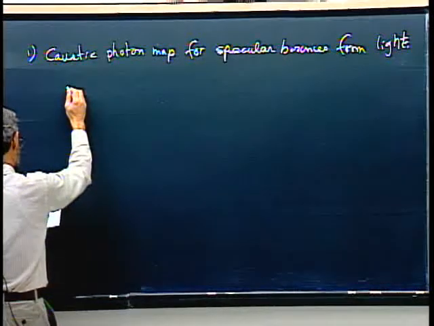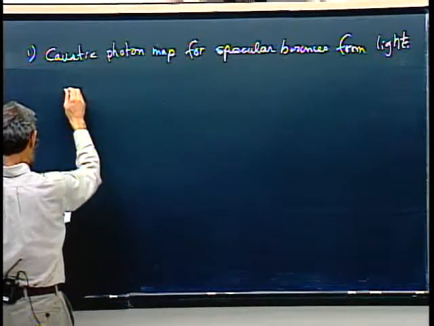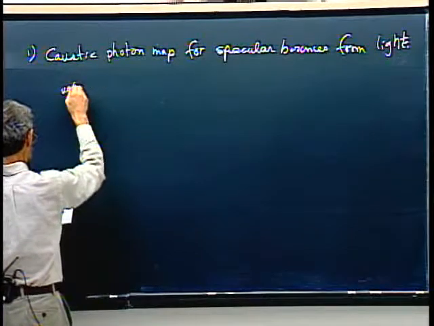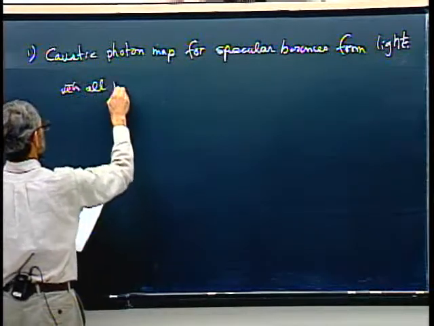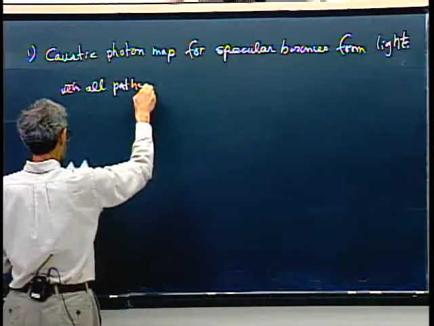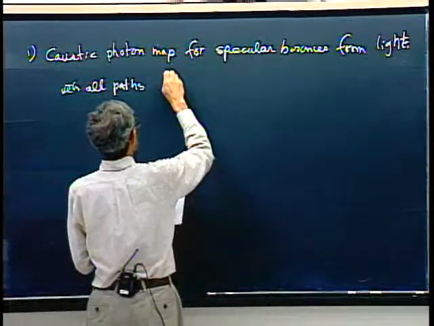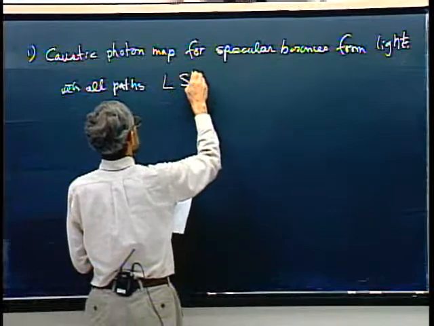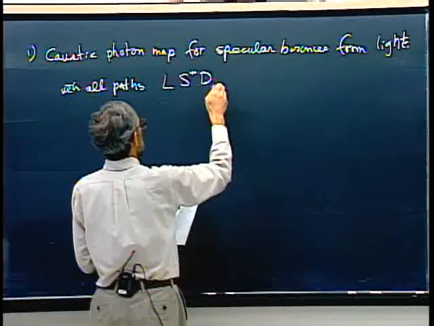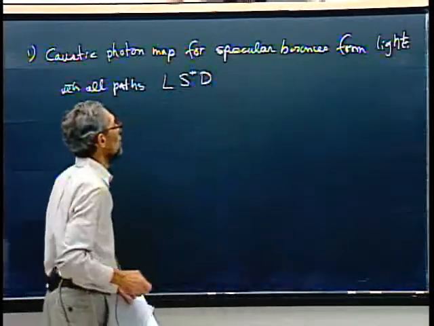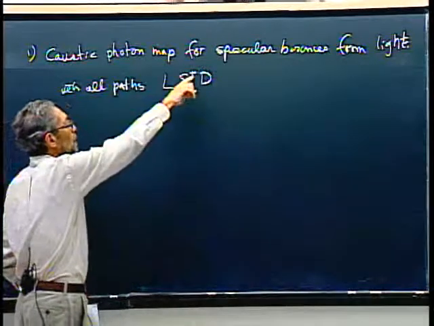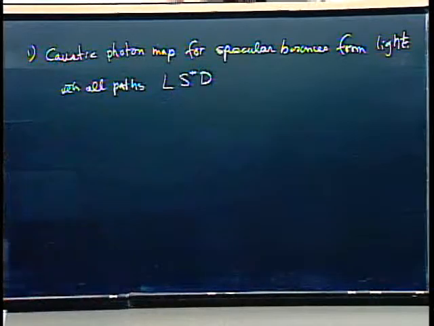And so that gets all paths L, S, plus D. And the paths stop at D where the photons are stored. And the reason I put plus is because we aimed these photons specifically at only the specular surfaces.